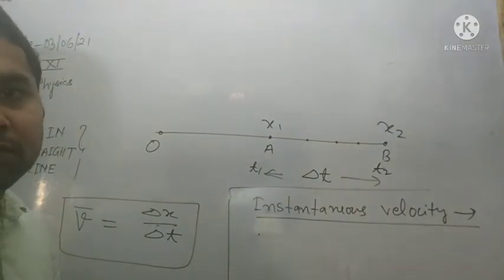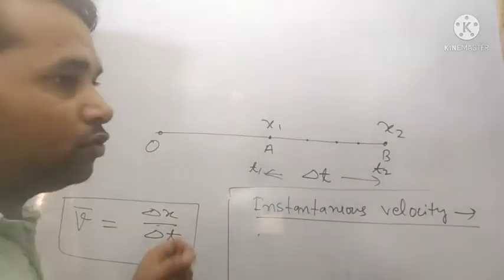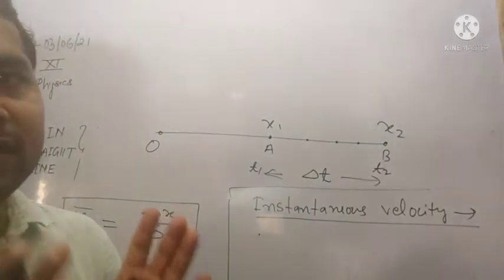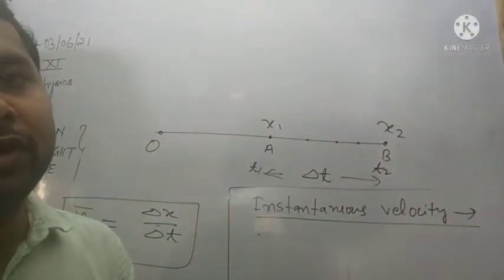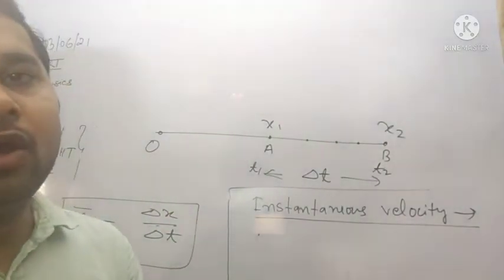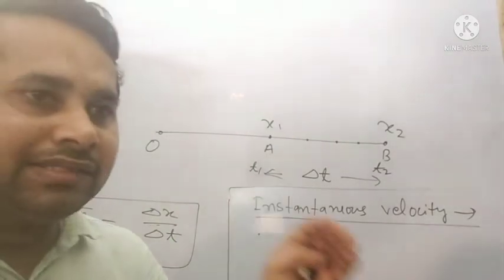Instantaneous velocity is defined as, पहले बता दो क्या है instantaneous velocity. तो कहते हैं instantaneous velocity means velocity of the body at a particular point or at an instant of time t.